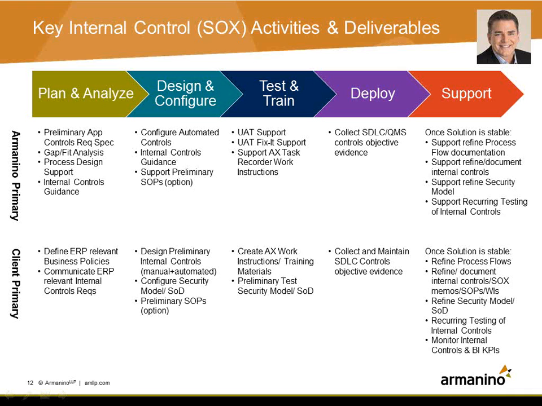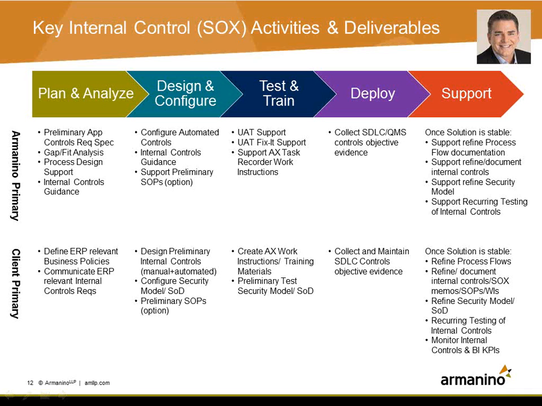So we're also looking at what are the automated controls that an AX, in this case, can automate. And there's a lot, so that's the good news. But it still takes a special point of view to really think it through about how you're going to be using the system. And so that's important to engage folks like Jeremy's team in that plan and analyze phase.